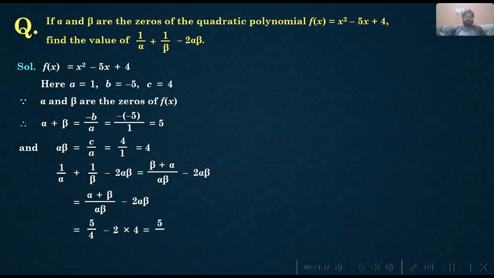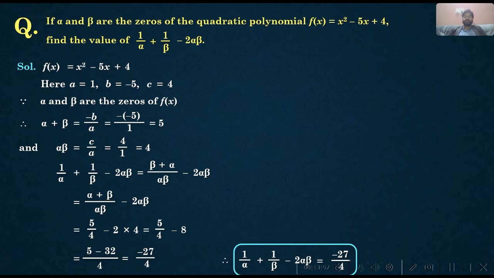So 5 by 4 minus, now taking LCM, we will get 5 minus 4 into 8 is 32 upon 4. So 5 minus 32, that is minus 27 upon 4.